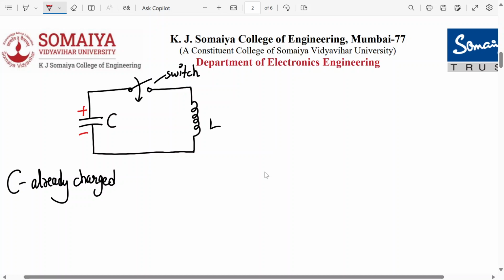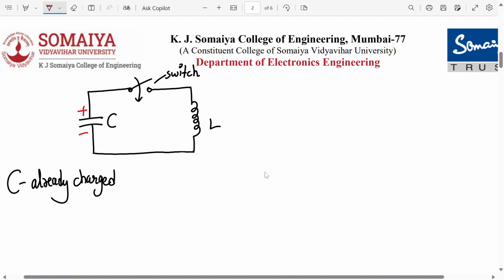So what they do is they connect a DC supply to the capacitor to charge it. The capacitor will charge to the full voltage of the battery. Let's say the battery voltage is 10 volt. So the capacitor is already carrying a voltage of 10 volt across it, with plus above and minus below, on the upper plate and lower plate.